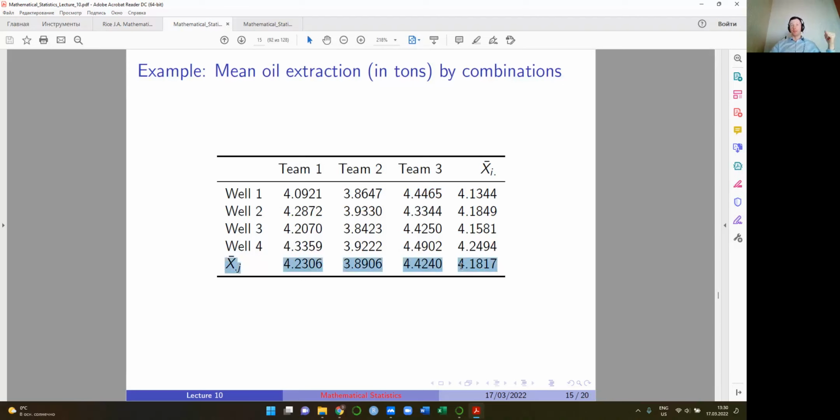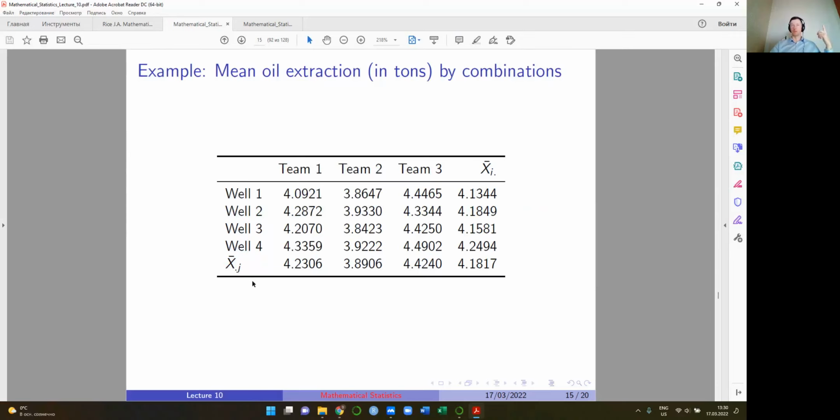So what do we have here? This x bar dot j, x bar i dot. Those are averages for well 1, well 2, well 3, well 4, for i, right? So we denoted with i the oil wells. And those are averages for team 1, team 2, and team 3.